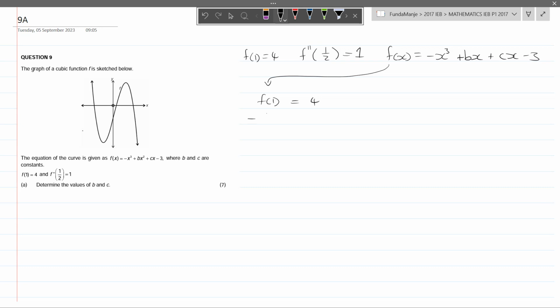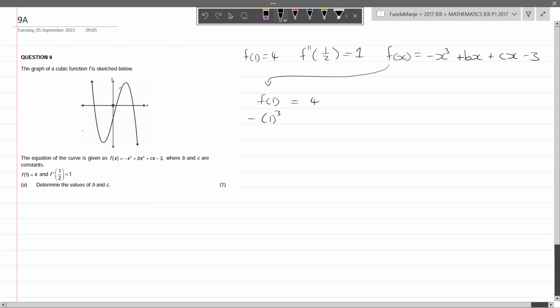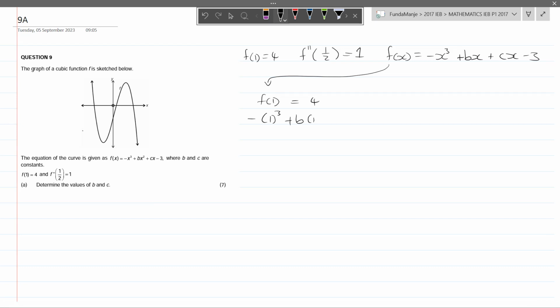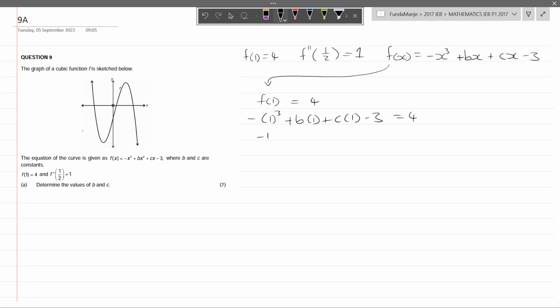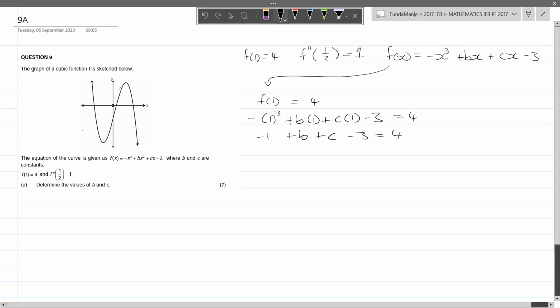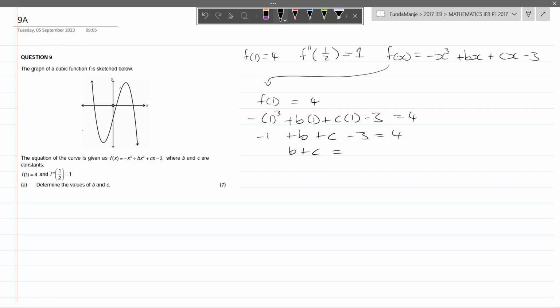So it's going to be minus 1 cubed plus b times 1 plus c times 1 minus 3 is equal to 4. Then you can simplify this a bit. This will just be minus 1 plus b plus c minus 3 equals 4. Then we can say b plus c is equal to 4 plus 3 is 7, plus 1 is 8. So b plus c is equal to 8.